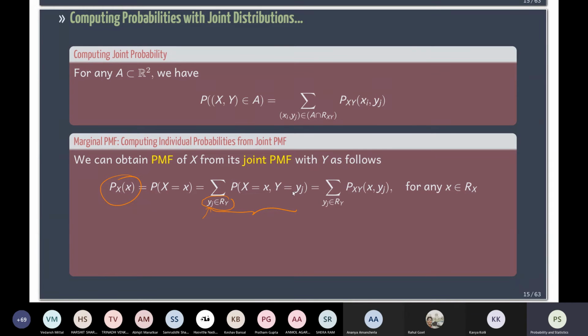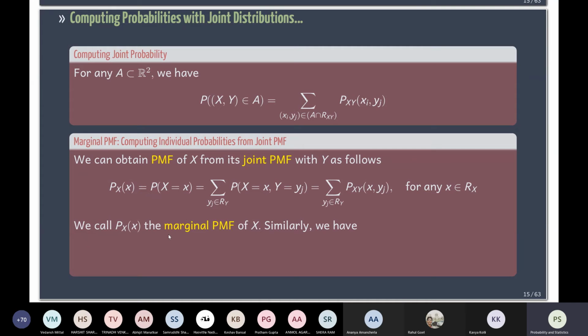In the short form notation, we can write pXY, and x is fixed. Of course, if someone gives you another x, then that will be fixed for that x. And then you have to sum over yj. So the important part is that you have to sum over the yj part. If you do this, then you will get the probability of x from the joint PMF.